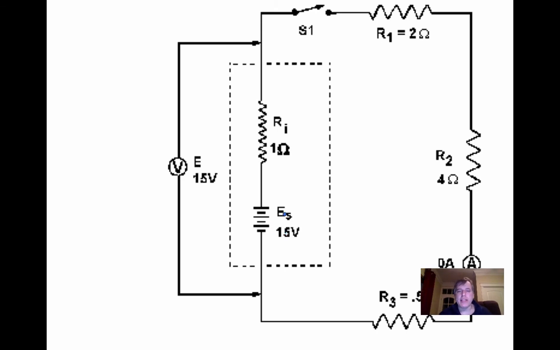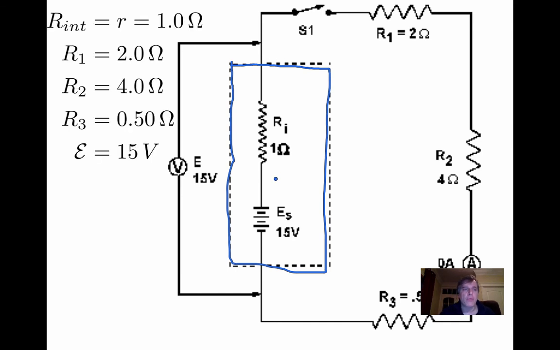Let's look at an example. Okay, this is a bit complex at first. Well, here this dotted line is just, again, to represent a real battery made of an EMF, an ideal battery, connected with an internal resistance Ri. So they call it Ri instead of lowercase r. Maybe you might not be able to read the numbers here on the screen.